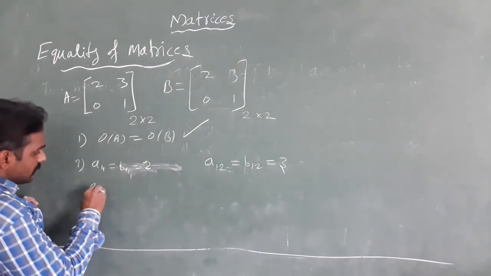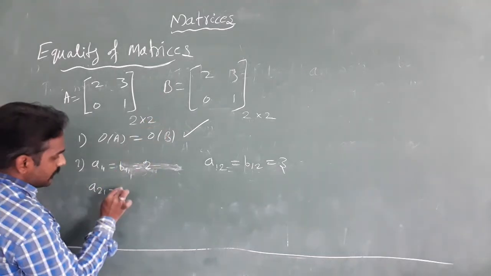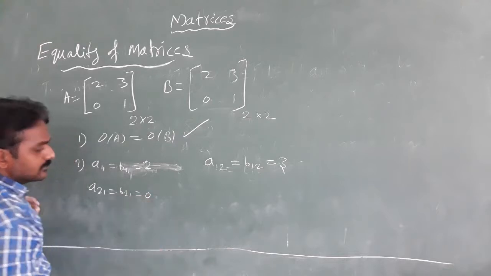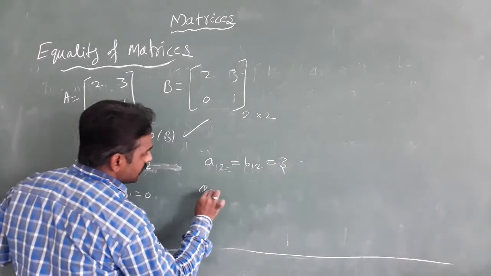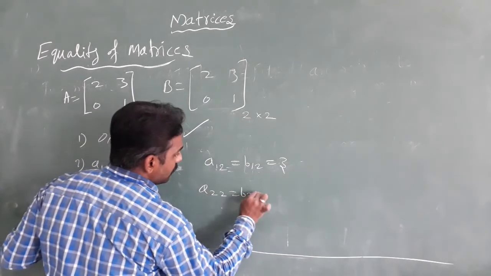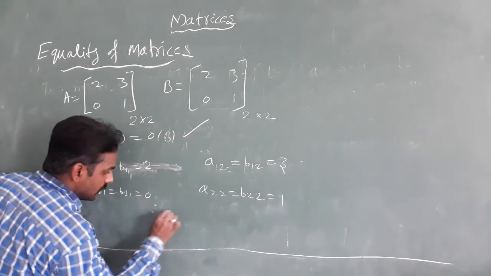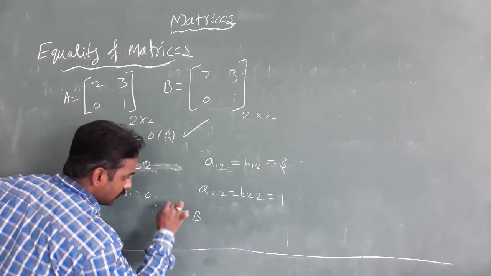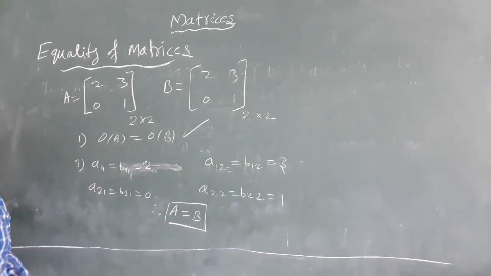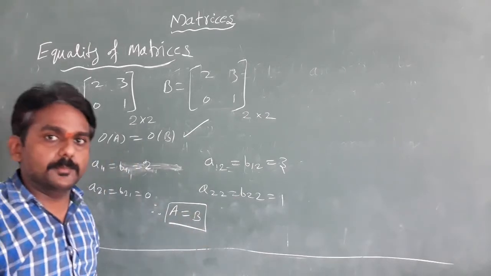Next A21 and B21, that is 0. Here A22 and B22, that is 1. Therefore A equal to B.